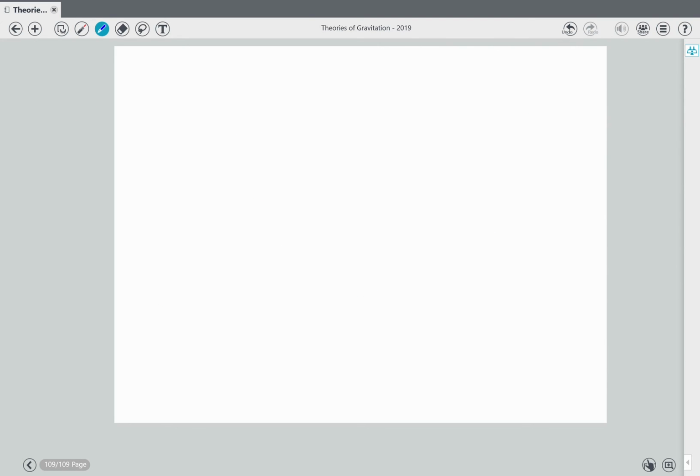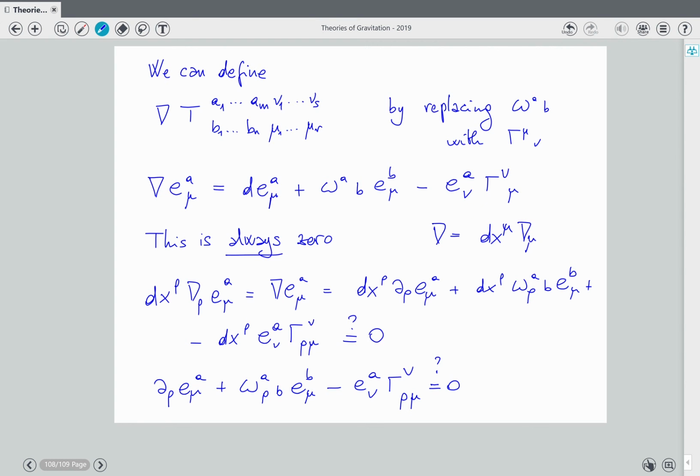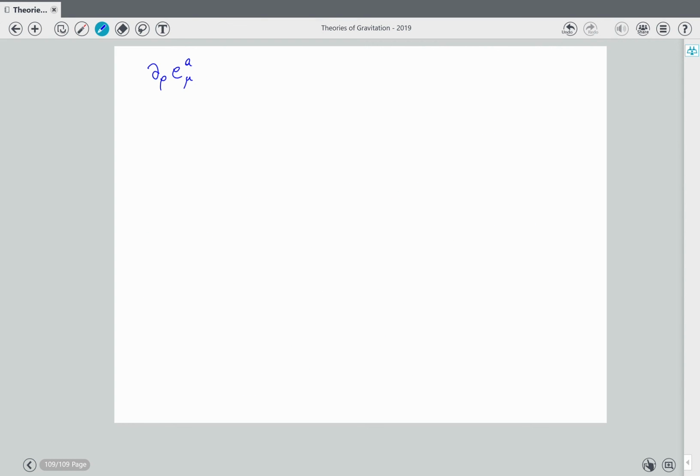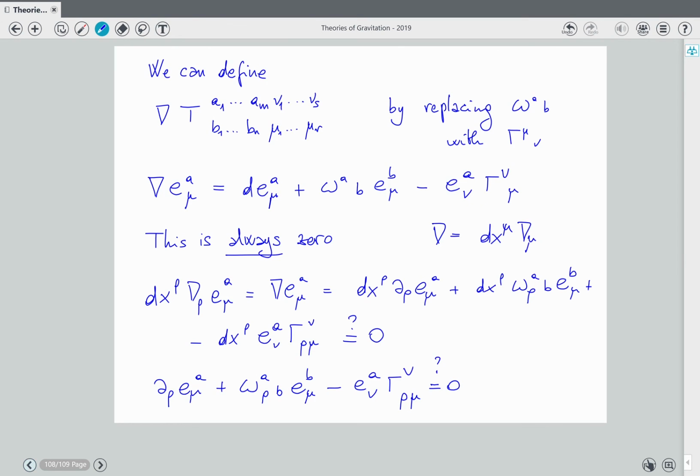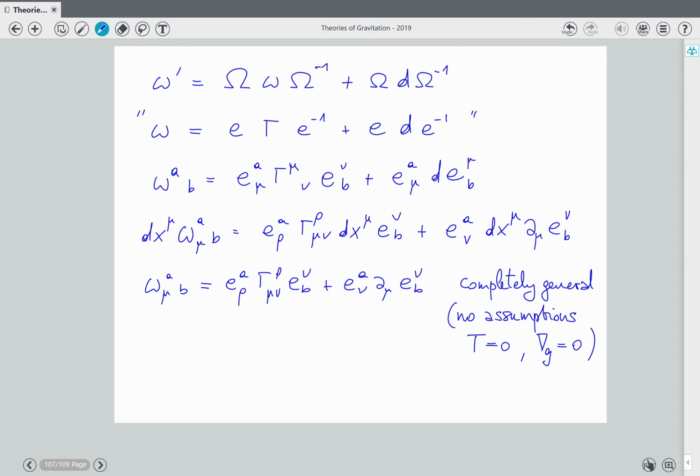So we have partial rho E A mu plus omega rho AB. Omega rho AB is omega mu, just change names to the indices.